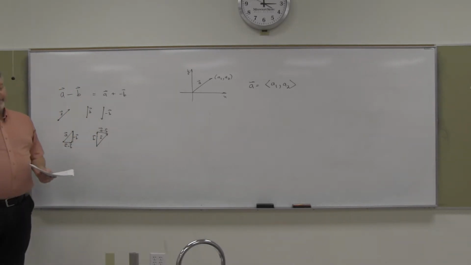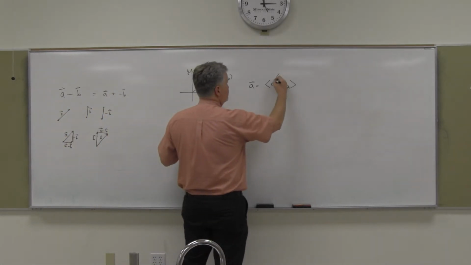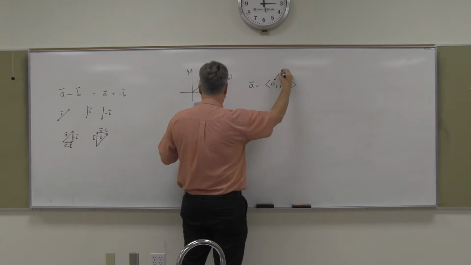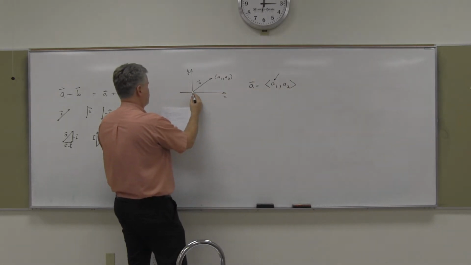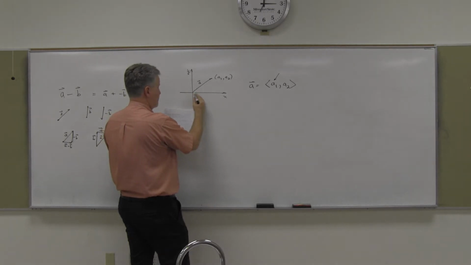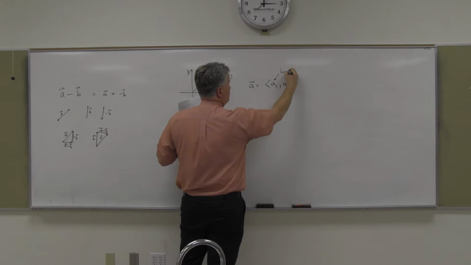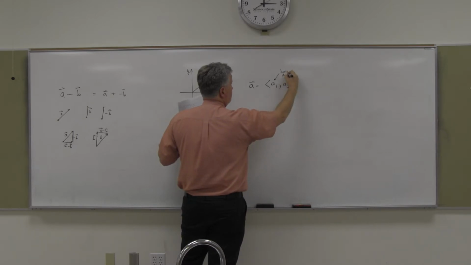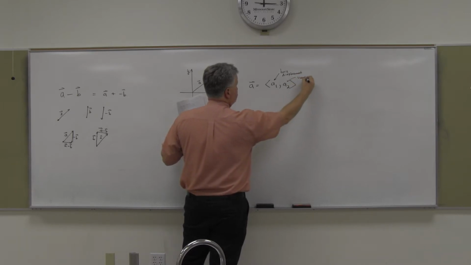Now, to move that vector around, we can think of it this way: A1 gives me the horizontal displacement, and then A2 is going to give me the vertical displacement.